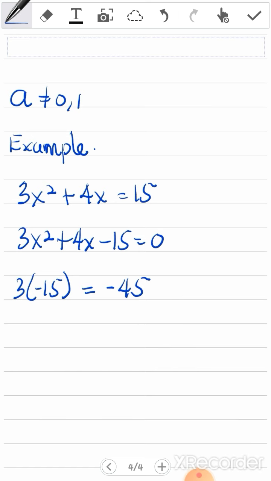So we have to find the normal factors of 45. You have to be really fast. You can use a calculator, but it's good to know the steps.